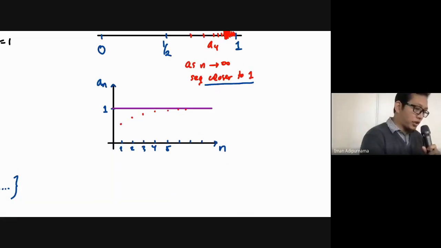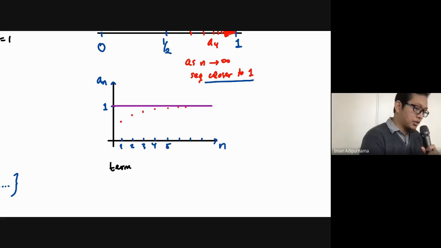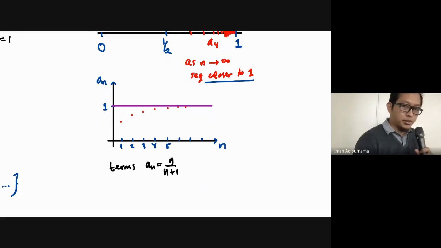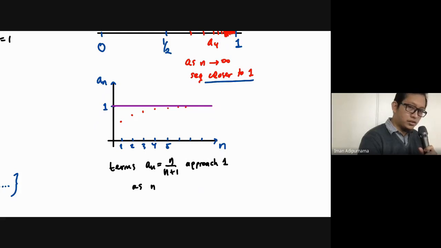Let me write one more time here. Terms n over n plus 1, approaching 1, approach 1, as n becomes larger.